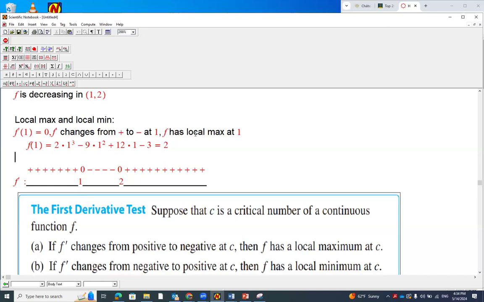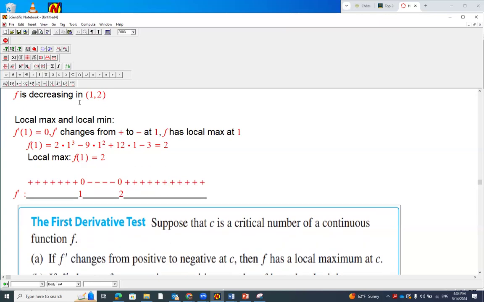So local max, so you tell the reader local max is f of 1 equals 2. 1 tells where, okay, where we get local max. And 2 is what? What is the maximum value of the function?